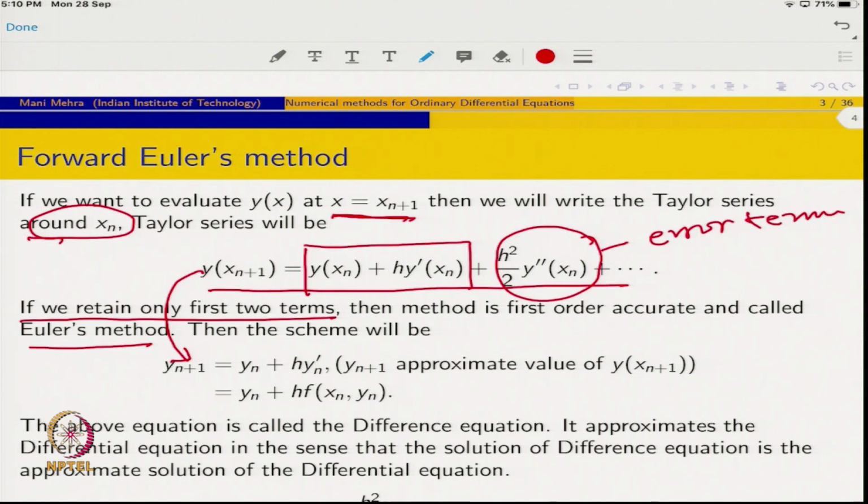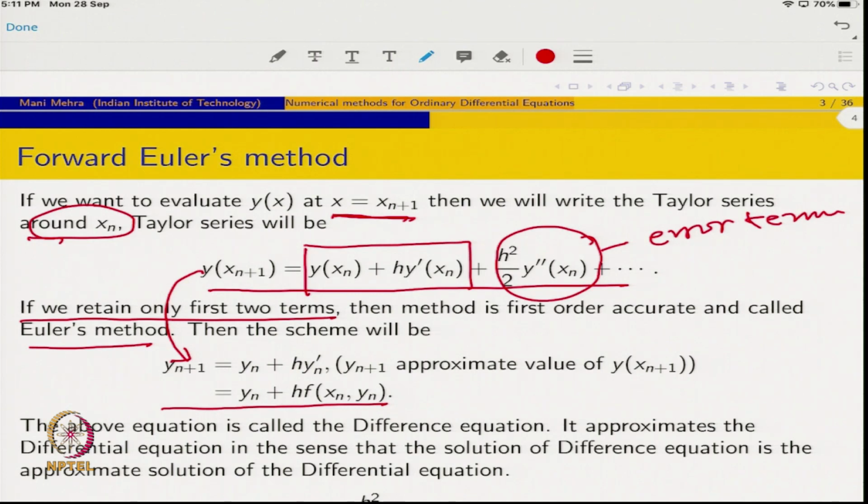So, y(xn plus 1) is the exact solution of the differential equation at the point x equal to xn plus 1, while yn plus 1 is the solution of this difference equation. There is a difference between a differential equation and a difference equation, because we obtain the difference equation after neglecting this error term. So, the solution of the difference equation approximates the solution of the differential equation.